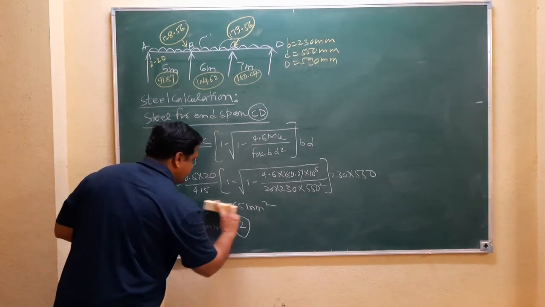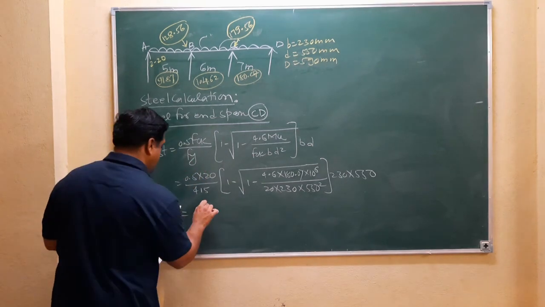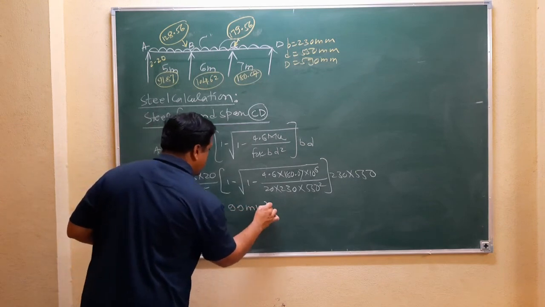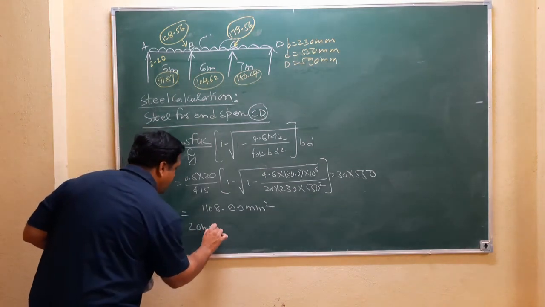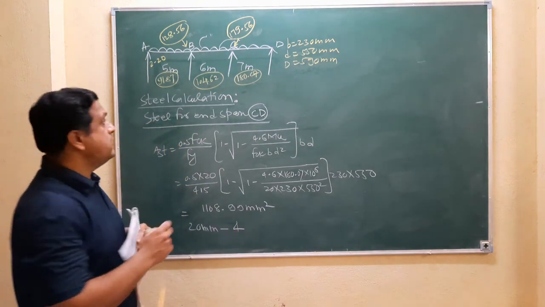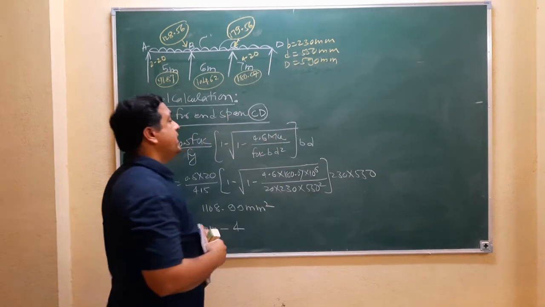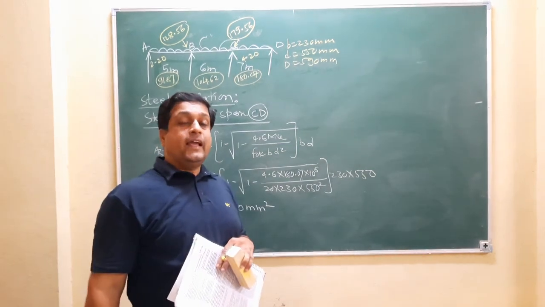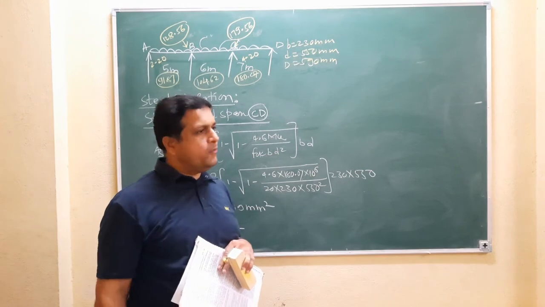So only this value changes, and it is 1108.99 mm square. After calculating this value, if we assume the 20 mm bar, the number of bars is 4. That means you have to provide 4 bars of 20 mm at this location. Like this, you have to do the calculation for 5 values, because you have the 5 bending moments.